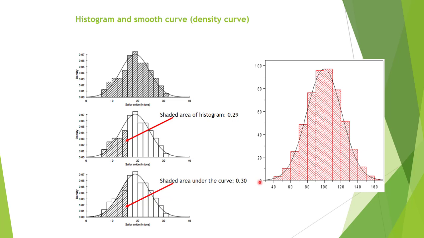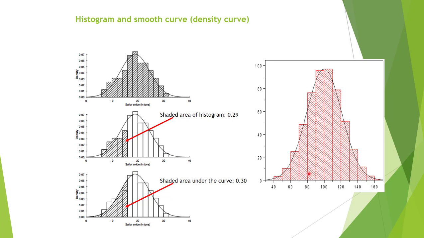Okay, so here are the characteristics again. More data points in the center, fewer data points towards both ends, right? So if you have a histogram like this, we call this histogram normally distributed.